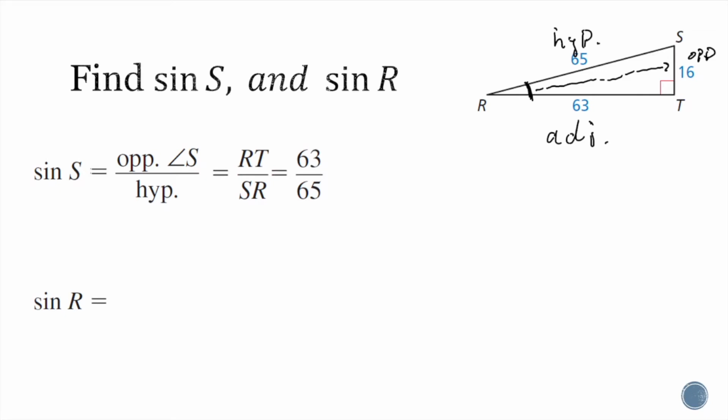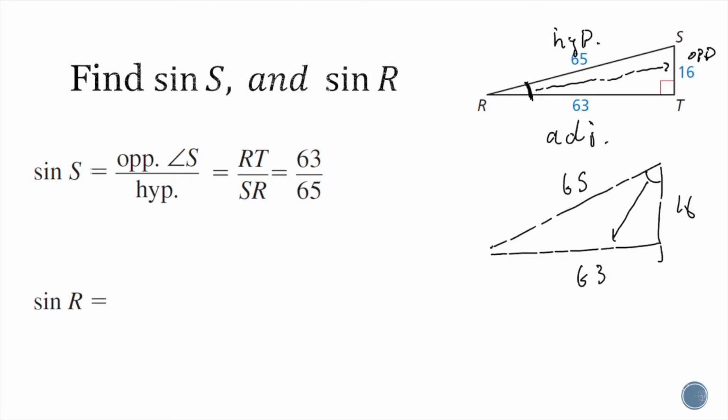So notice the difference. Before, I had this angle. I had 63, 16, 65, and for sine of S, 63 was my opposite side, and 16 was my adjacent side. So make sure that you are using the right reference angles.